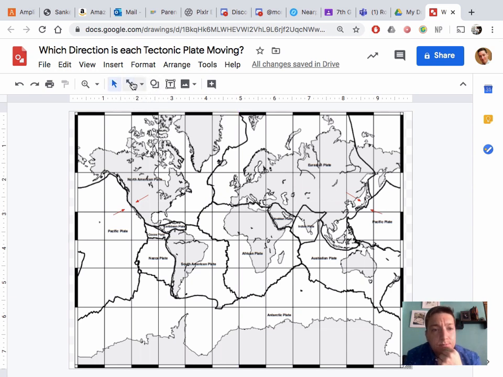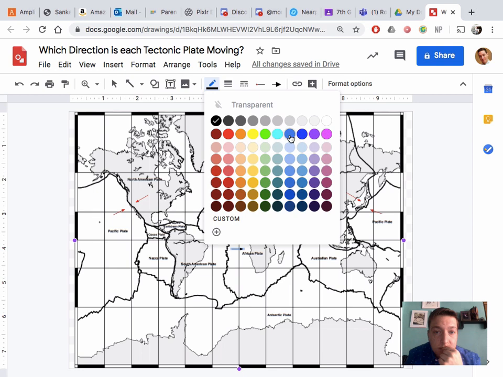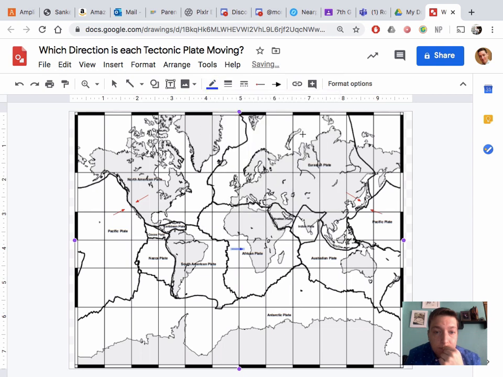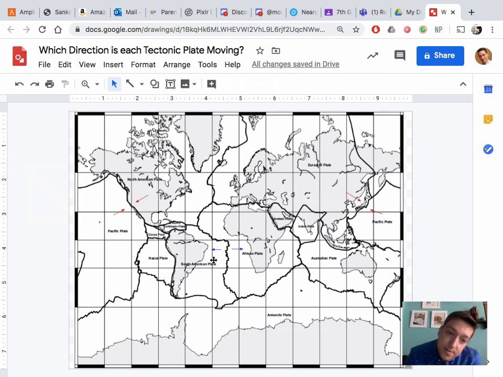Let's do divergent. I'm going to do blue. So this is the most obvious divergent tectonic plate boundary. In the middle of the Atlantic Ocean, clearly the plates are moving apart there. So the South American plate is probably moving west, the African plate is probably moving east, and at the boundary, the tectonic plates are moving apart, which is why we saw new seafloor there.